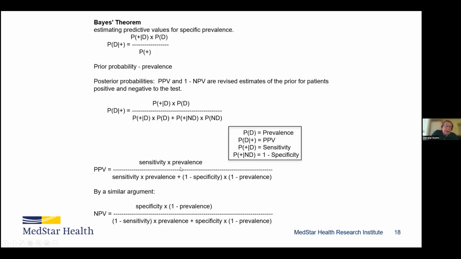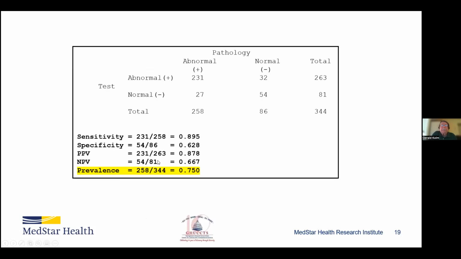We can do the same thing for the negative predictive value. It would be specificity times 1 minus prevalence, divided by 1 minus sensitivity times the prevalence plus specificity times 1 minus the prevalence.